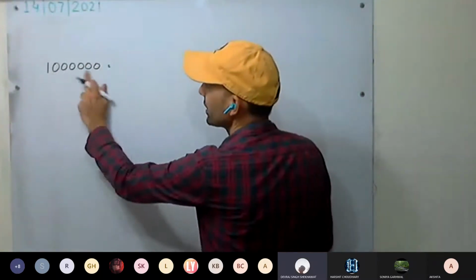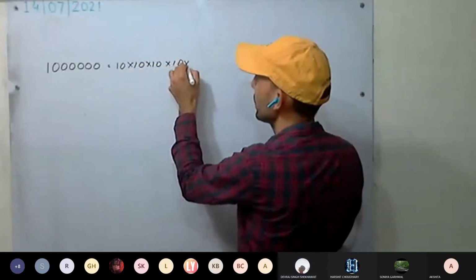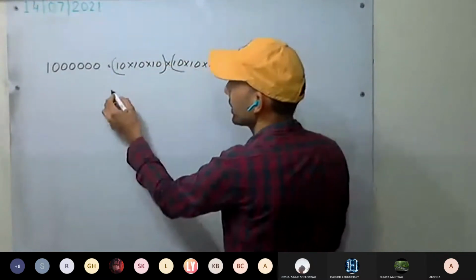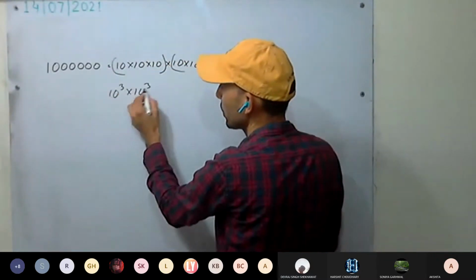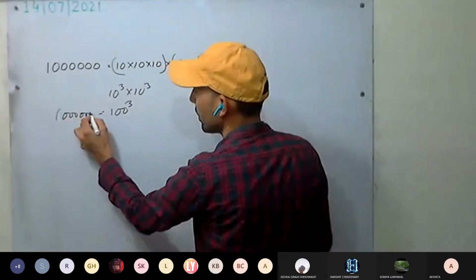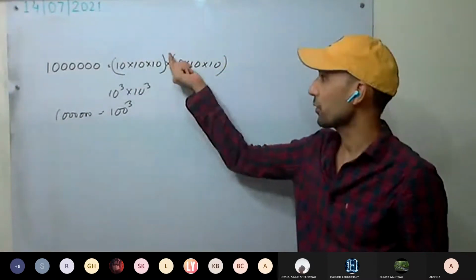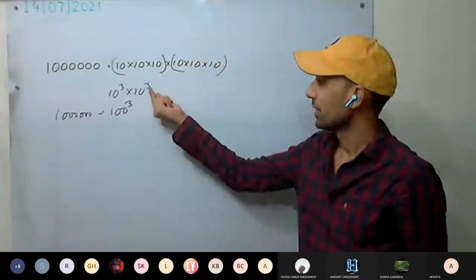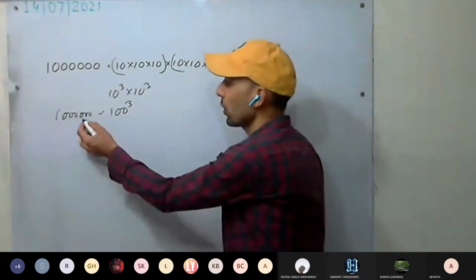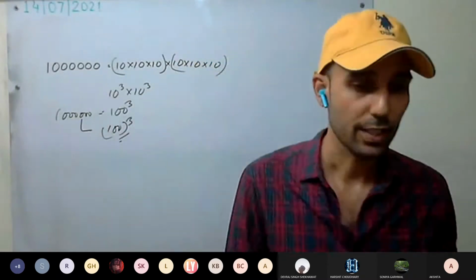It is 10 into 10 into 10 into 10 into 10 into 10, that is 10 cube into 10 cube, or 100 cube. You can factorize further: 2, 2, 2, 5, 5, 5. 10 to the power 6 is a cube of 100.